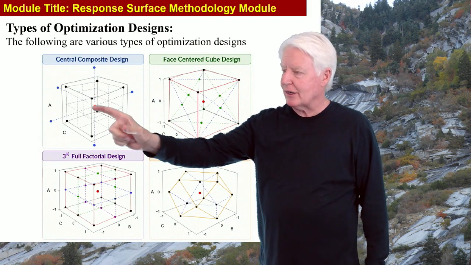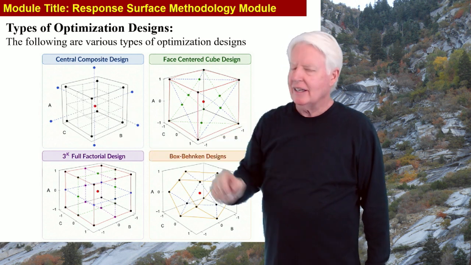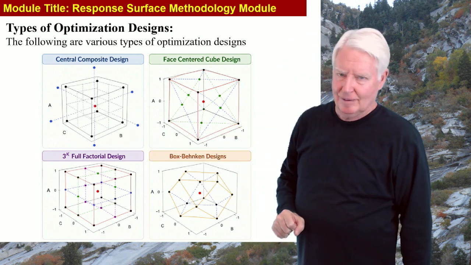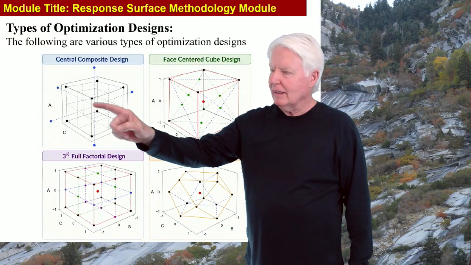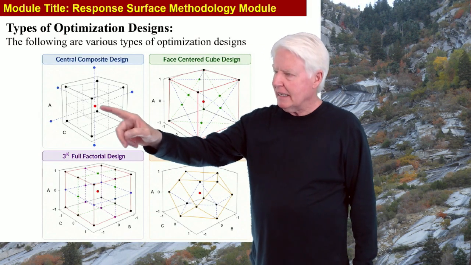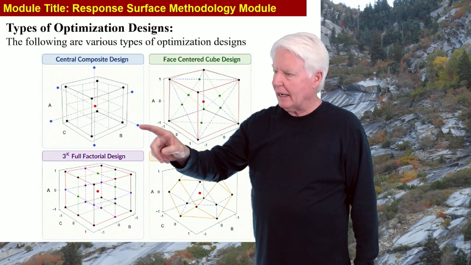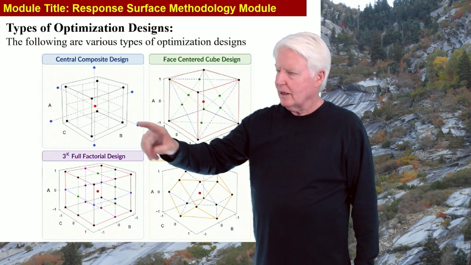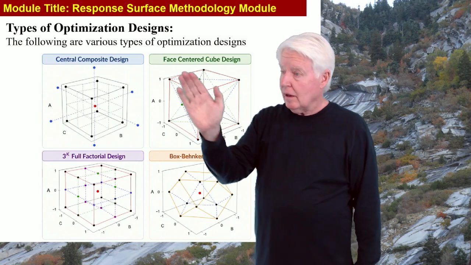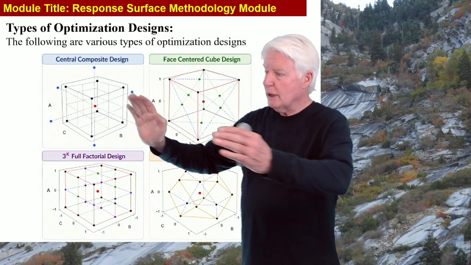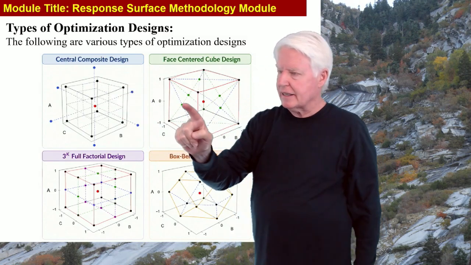By the way, how far you extend out from the center to this is called alpha. I know you're used to alpha risk and hypothesis tests, but alpha in CCD means the distance you bring out these star points outside, not just outside the cube, but out far from the center here. Now, face-centered cube, you bring all those star points into the face of the cube.